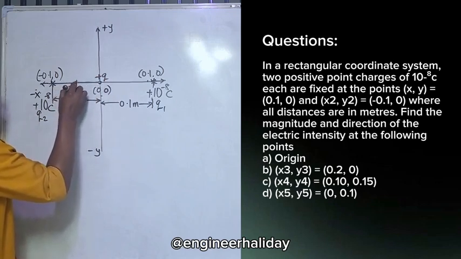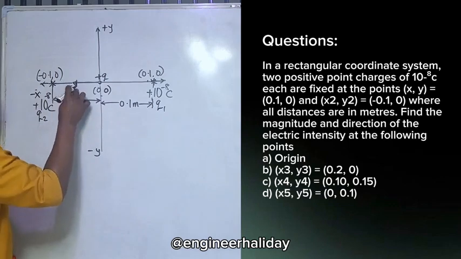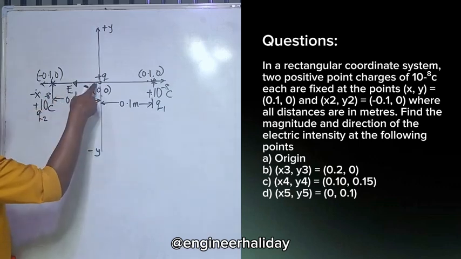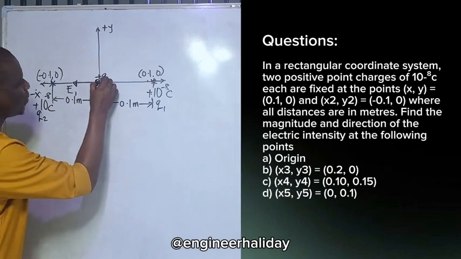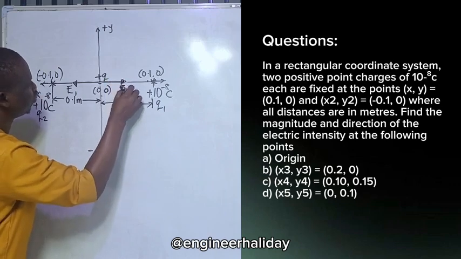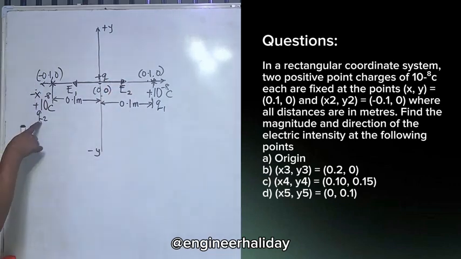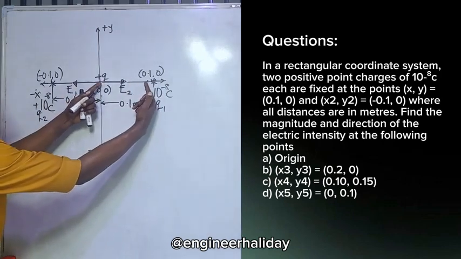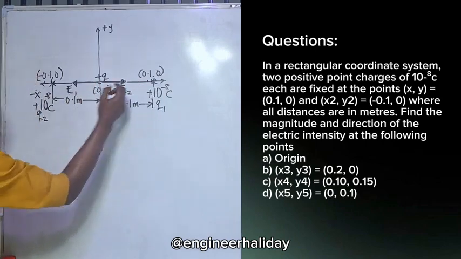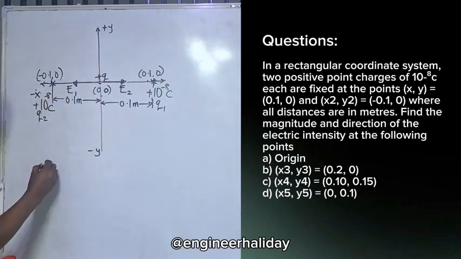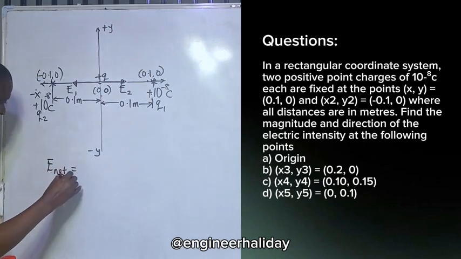That is E1, so that is where E1 will go. What about this one? At this point of origin, it will repel like this. This one is E2. You see that? So the electric field of this one is this, and the electric field of this one is this, because they repel. But we are not concerned about what happened here. We are concerned about what happened at the origin. So the net electric field at the origin is equal to what?